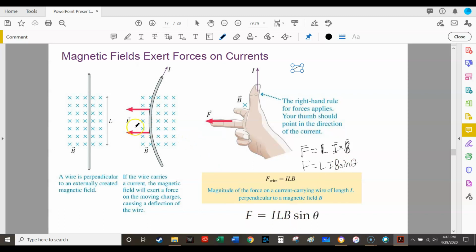What does that mean? Well, that means that when the magnetic field is pointed into the page and the current is pointed up the page, a force is going to be created. So this angle in between the current and the force is that angle theta. Okay, so that force vector, oh God, I'm so sorry. That is not true. It's the angle in between the magnetic field vector. So the magnetic field is into the page.